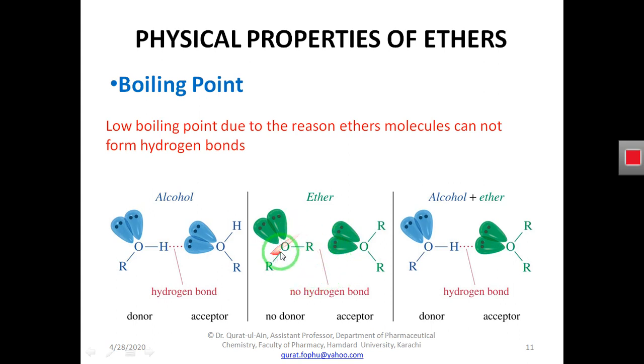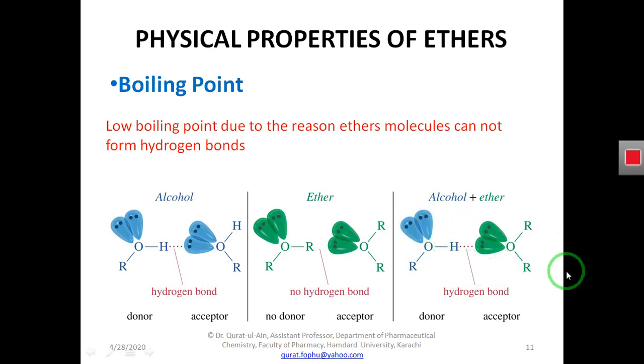However, as the ether molecule has a lone pair of electrons, a pair of non-bonding electrons, these ether molecules can form hydrogen bonds with other molecules like amines and alcohols.